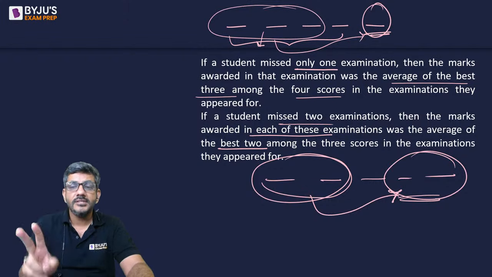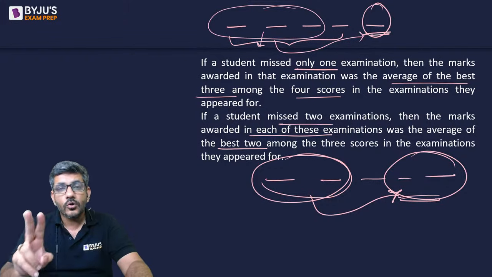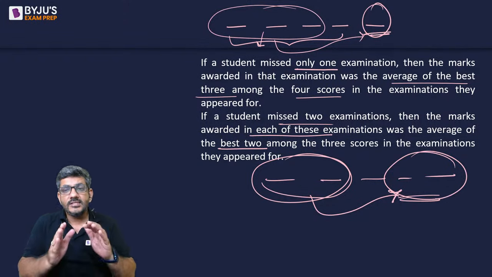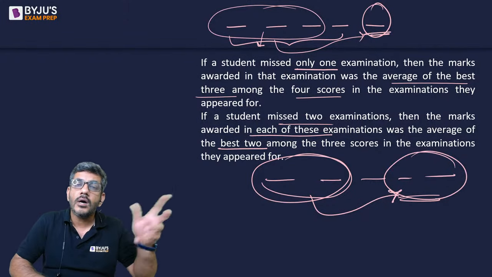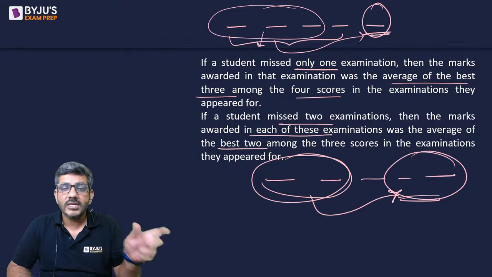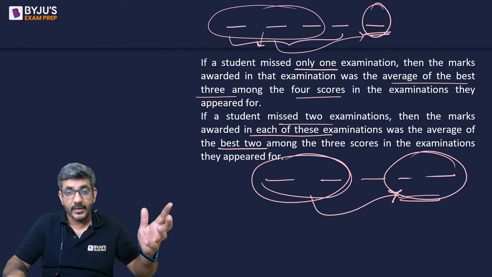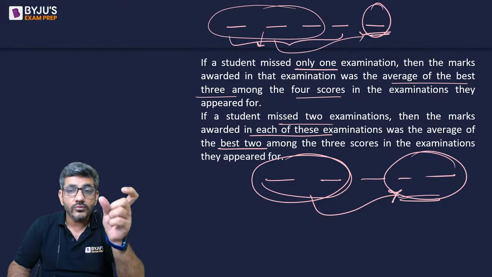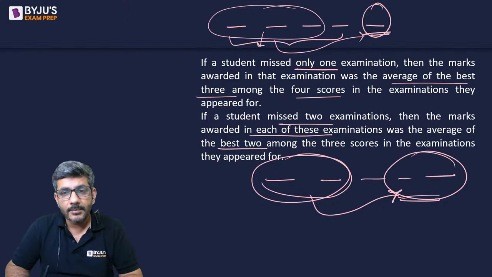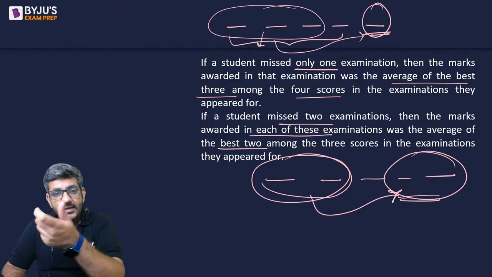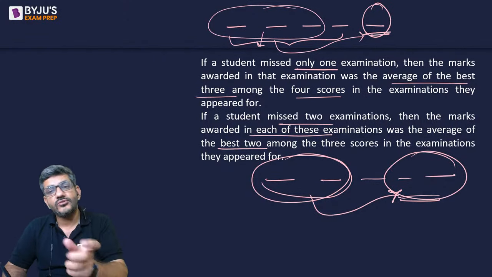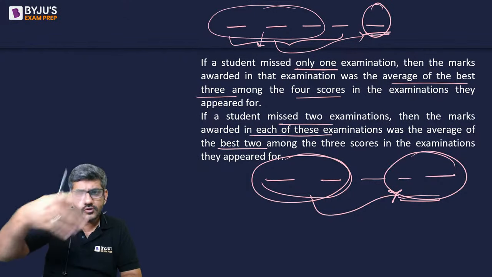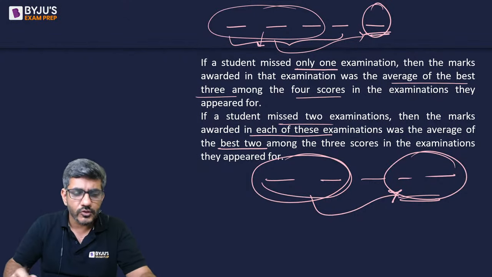According to them, just take the average of the top 2 among the 3 papers he has given, the better 2. So ultimately, if a person missed 2 examinations, his score in both will be equal. And if he missed only one, then the average of the top 3 will come in it.